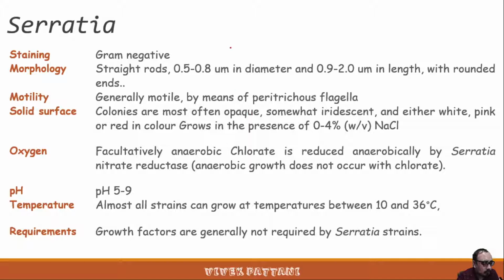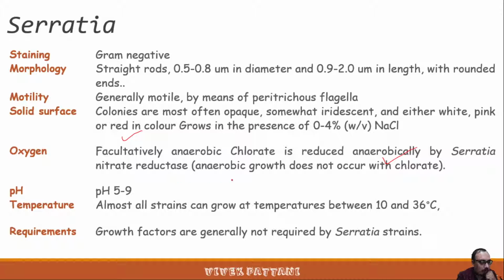And moving forward with the Serratia, they are pigmented bacteria, red in color, and are gram-negative cocobacilli or short rod shaped. They are facultative anaerobes, and chlorate is reduced anaerobically by Serratia, and nitrate reductase is also used.